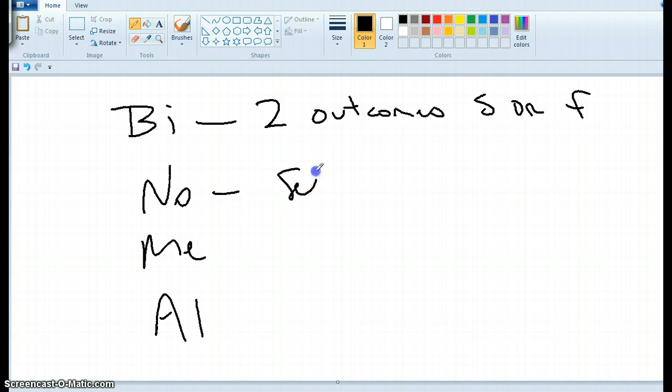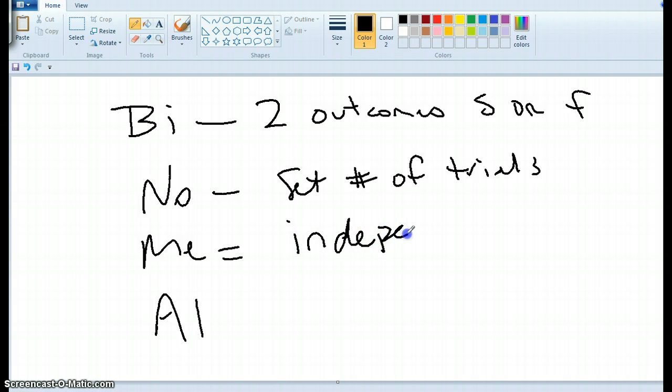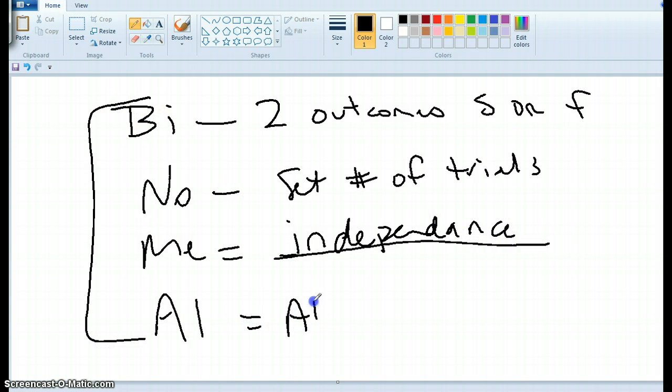No means a set number of trials. Me, myself and I, each trial is independent of the other. So when you have to list these conditions of binomial, that's a condition, and all trials have the same probability, so constant probability. The probability is not changing.